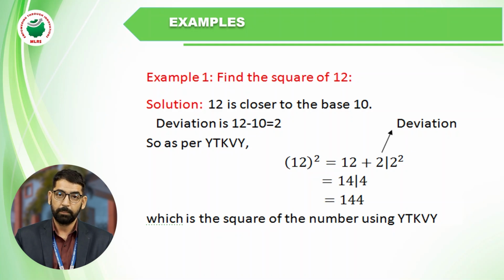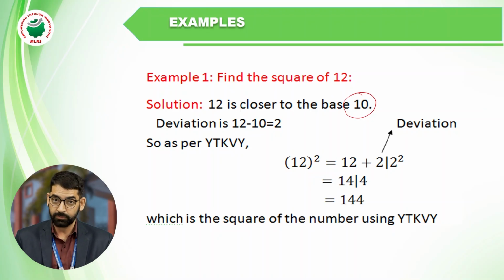In this sutra, we first find the base of the number. Again, I am repeating, the base is given in the form of powers of 10. So the number 12 lies close to the base 10, and in this case the base is 10.